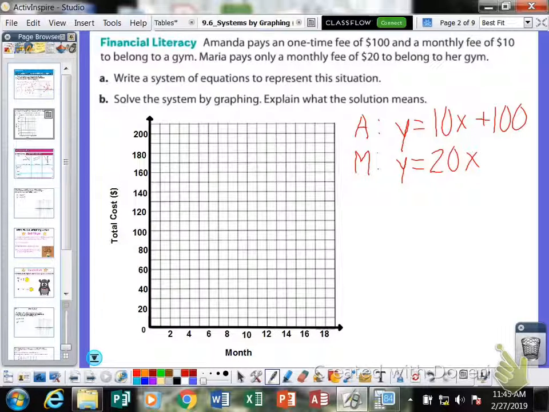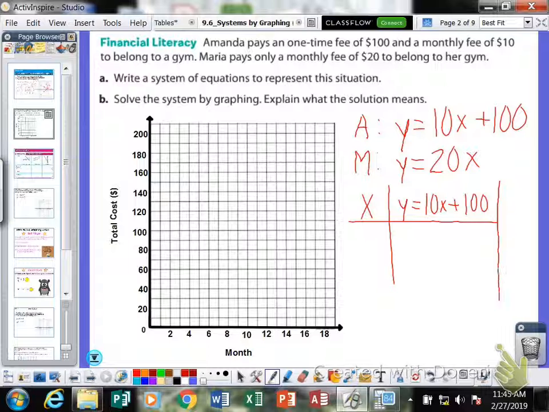Okay, so to find some of our points, I'm going to set up that chart here. So I have x, I want to set up my table. I'm going to have y equals 10x plus 100, and then whatever my y equals after that.